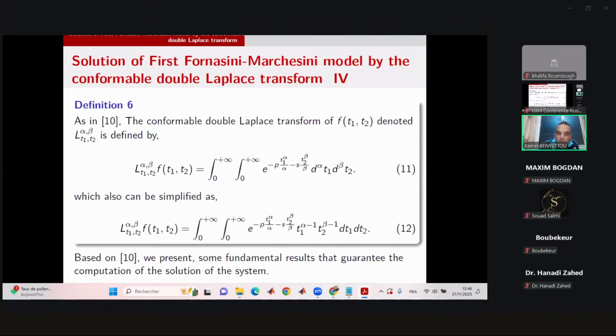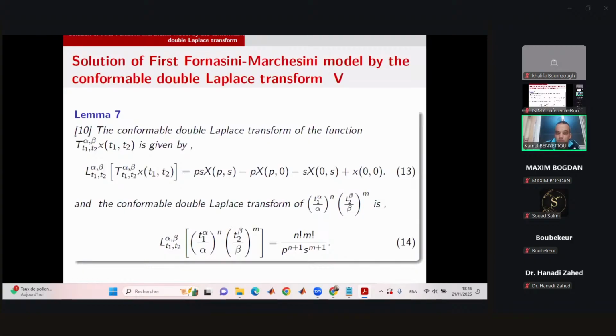For this reason, we must also introduce the Laplace transform in the case of two-dimensional variables, and some new results needed to calculate the solution. In the first case, I will use the conformable double Laplace transform to calculate the solution of this model.